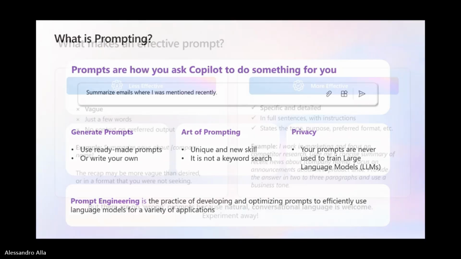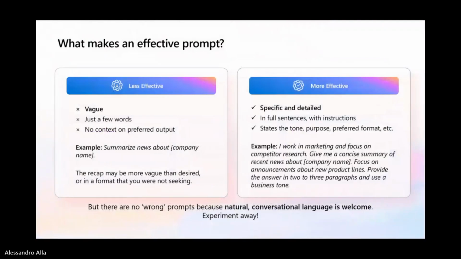Now we see what makes an effective prompt. Effective prompts are essential to get the desired result, and this slide highlights the difference between less effective and more effective prompts. Vague prompts, such as asking for a summary of news about a company, often lead to unsatisfactory results because they lack context and details.